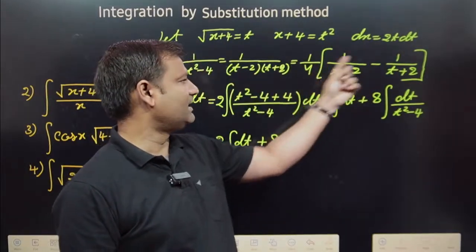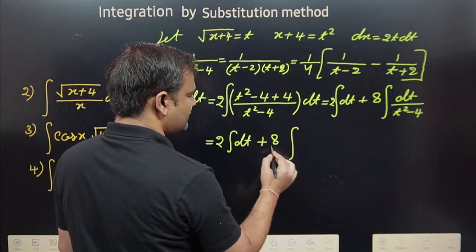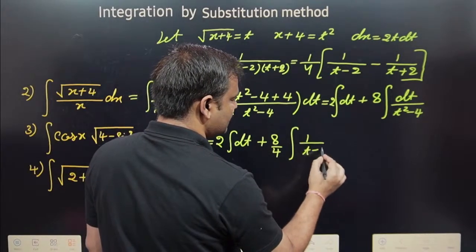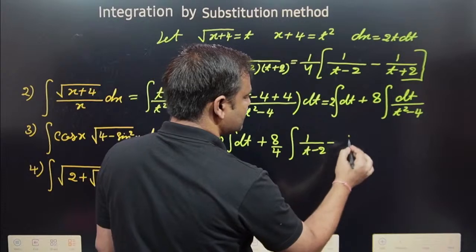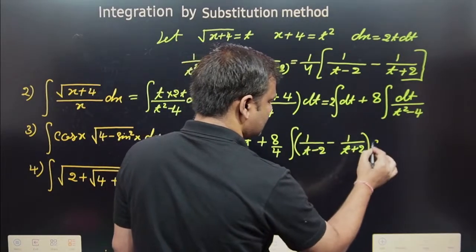So this simplifies like that: 1 by 4 is common, so 1 by t minus 2 minus 1 upon t plus 2 into dt.